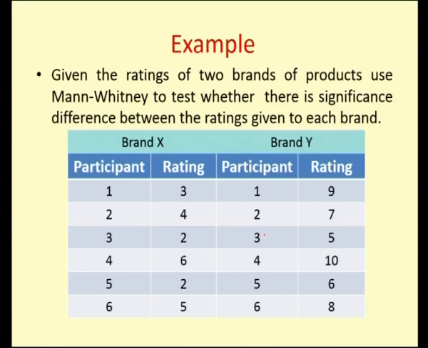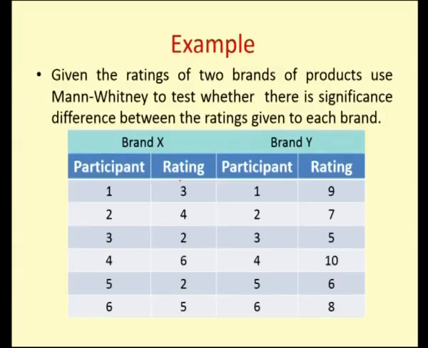The rating is given on a 10-point scale, so they have given points from 1 to 10, and based on that the rating is given. Our problem is to use a Mann-Whitney test to test whether there is a significant difference between the ratings given to each brand.